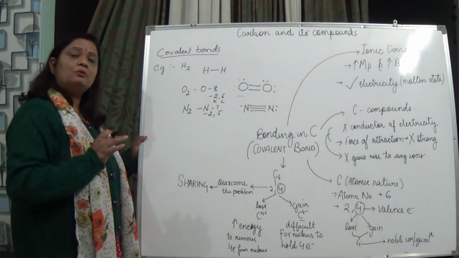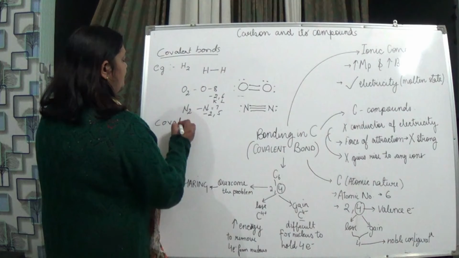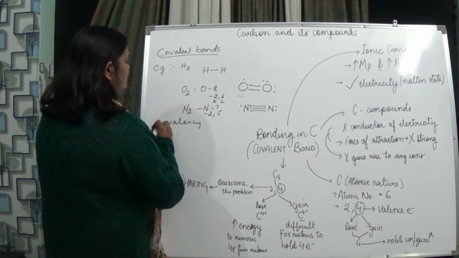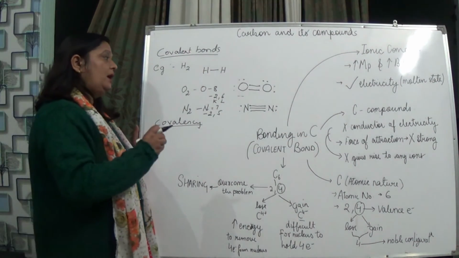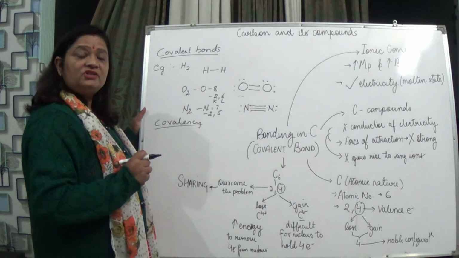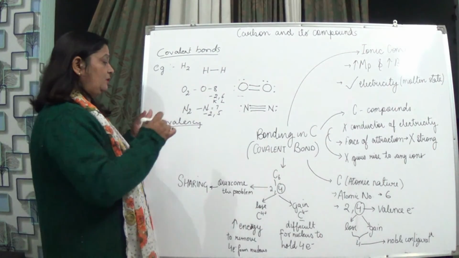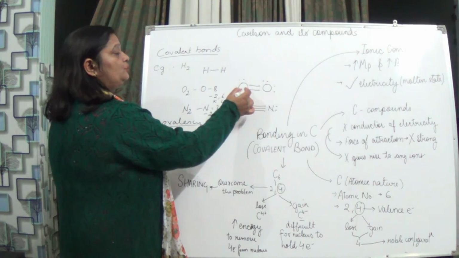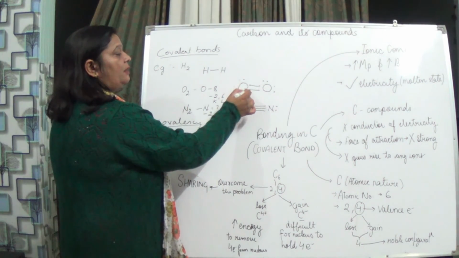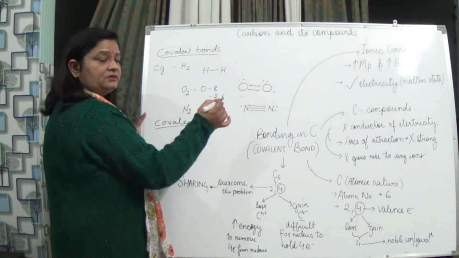Now coming to covalency. Covalency is the number of electrons which are contributed for the sharing or the bond formation. Like if we talk about the covalency of oxygen, it is how much? 2. 2 electrons are being contributed by each atom of oxygen, isn't it?